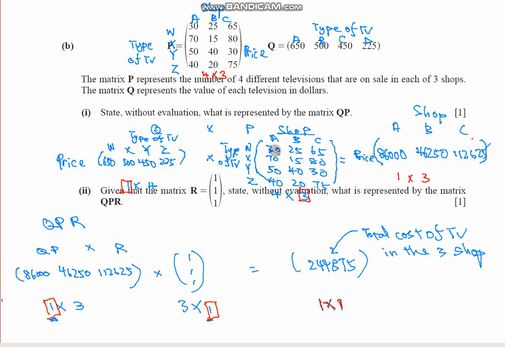In summary, this multiplication will give you 8600, which is the total cost of TV in shop A.